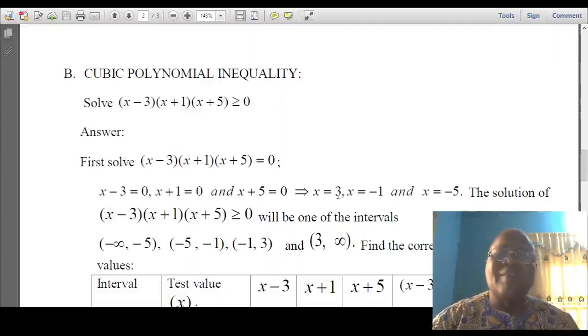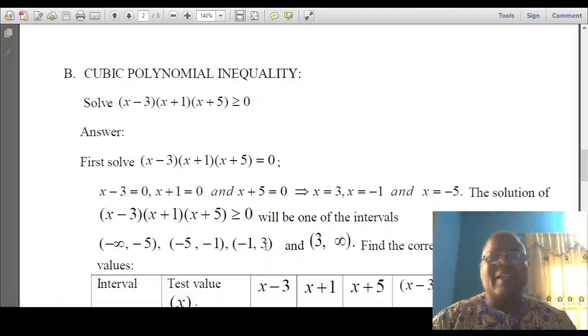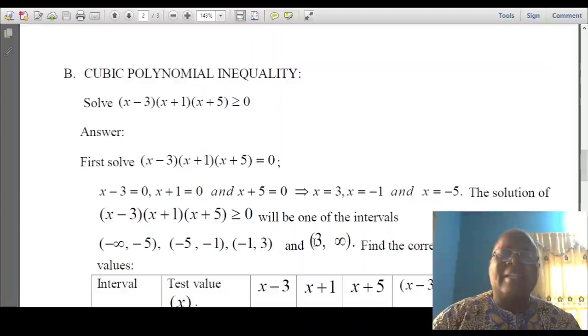When you solve that, you have x equal to 3, x equal to minus 1, and x equal to minus 5. The solution of this will be one of the intervals. You can see the intervals are many now. From the left, you have minus infinity to minus 5, minus 5 to minus 1, minus 1 and 3, in that increasing order, and 3 and infinity.